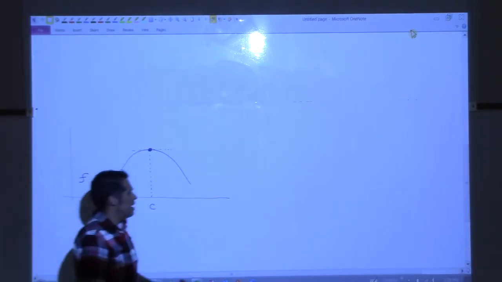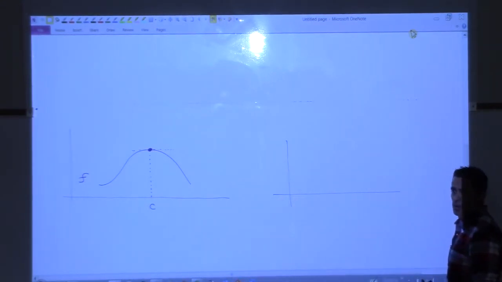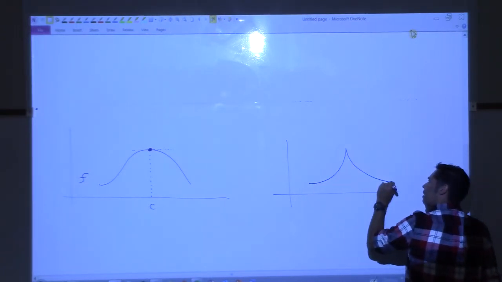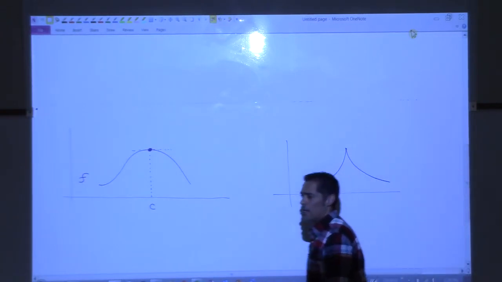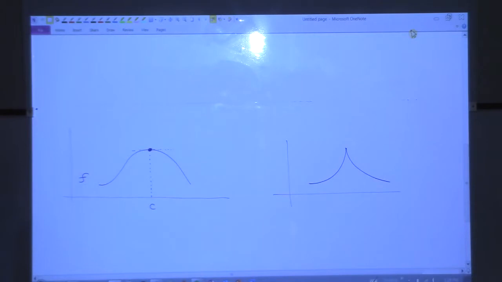So here's an example that would be in conflict with the theorem that we just looked at. Okay, do you all agree that the tip of this cusp is a local maximum? That's the highest point on the graph, right? Agreed? Now, so that is a maximum.